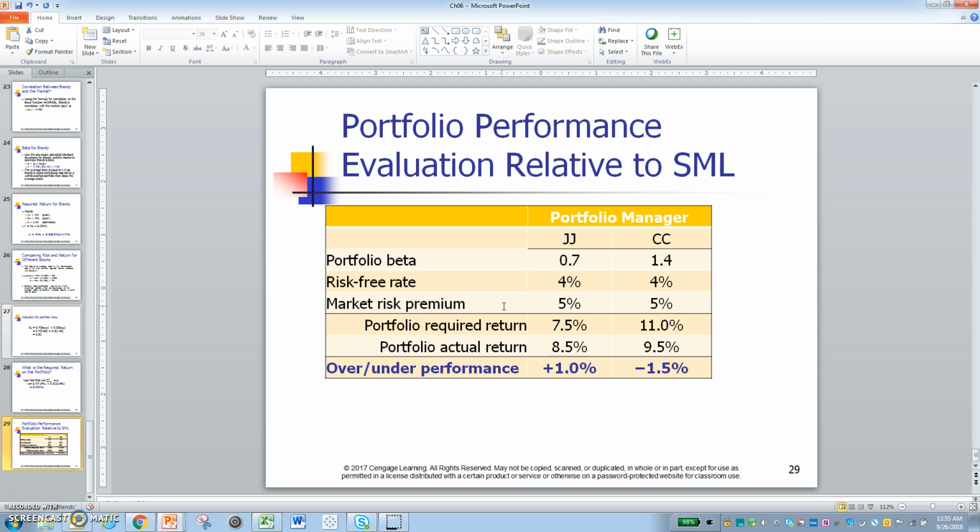But in reality, JJ actually overperformed versus what we estimated. And any time you have a stock market and an overperformance versus an estimate, that's going to drive higher prices. So this portfolio is going to be valued higher at the end of the year because it outperformed expectations.